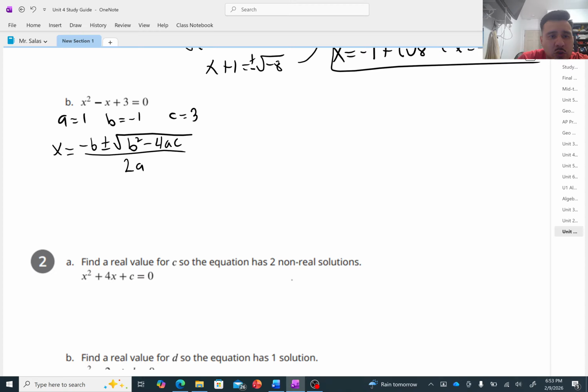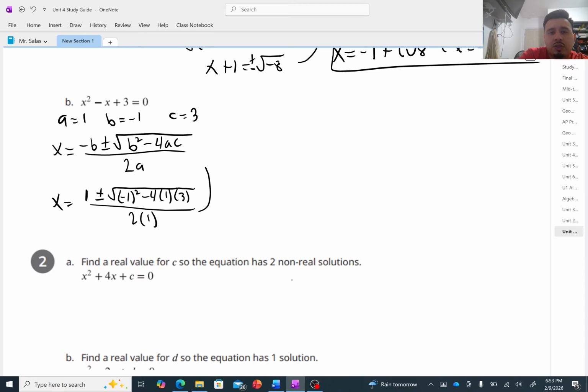I'm going to replace those letters with my values. I get x is equal to negative, so that's a positive 1, plus or minus the square root of negative 1 squared minus 4 times 1 times 3, all divided by 2 times 1. Okay, perfect.